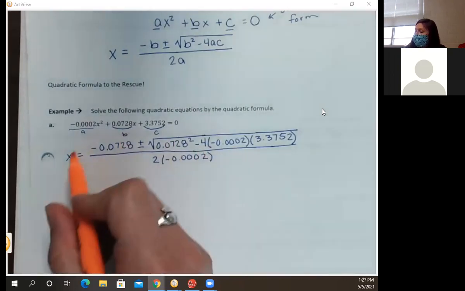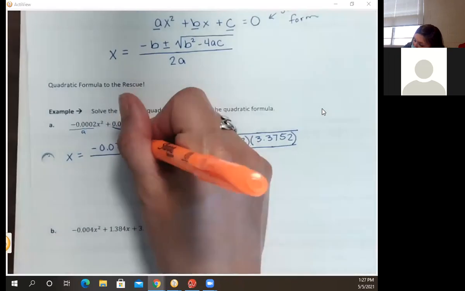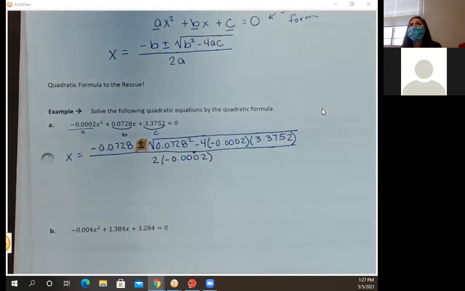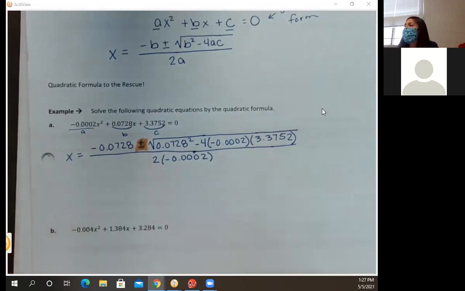What have I written here that I cannot type in a calculator? Yeah, the plus or minus. That's going to be a problem. Here's how we get around it. We type this in with just the plus sign, and then I type it in again with just the minus sign. We're going to get 2 different solutions.